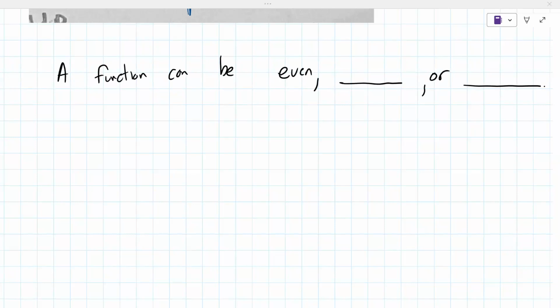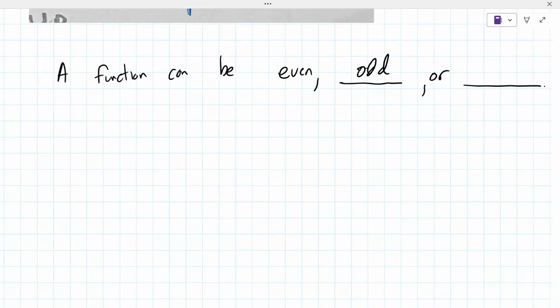Let's have you do this. Why don't you read the instructions at the top of the first page? A function can be even, odd, or neither. Odd is the most challenging one to explain visually.